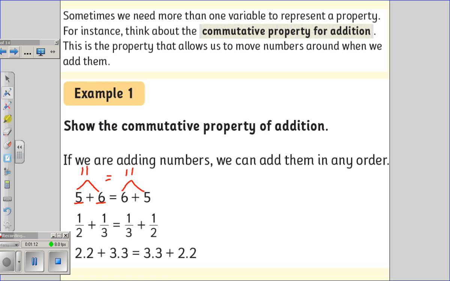When we add fractions, we do need a common denominator. So let's give this one a try. A common denominator would be 6. So the first part of this equation, 1/2 would equal 3/6. 1/3 would equal 2/6. If we add those together, we get 5/6.